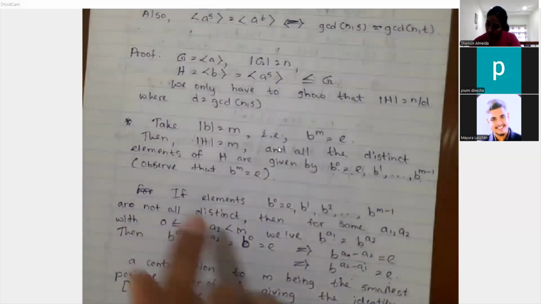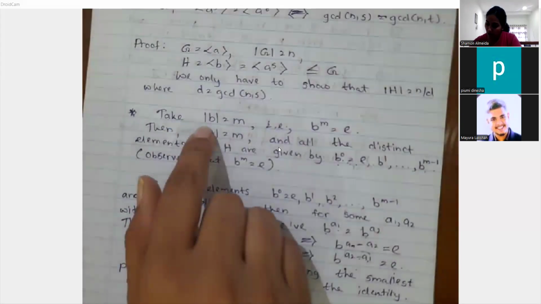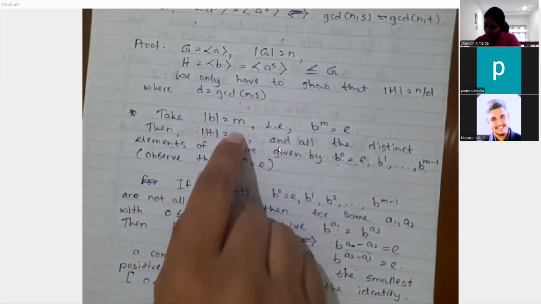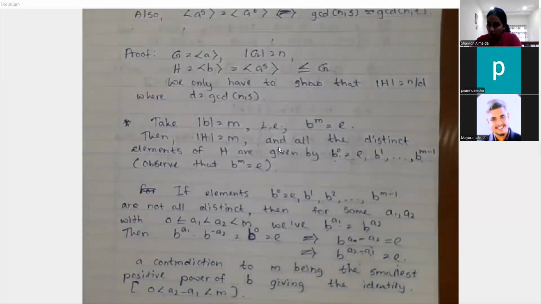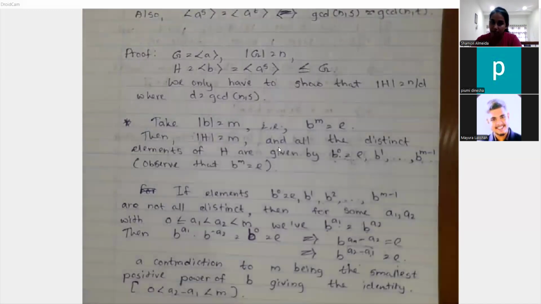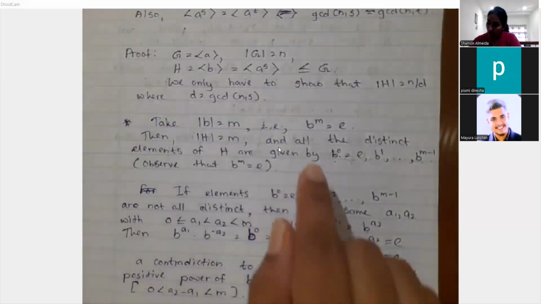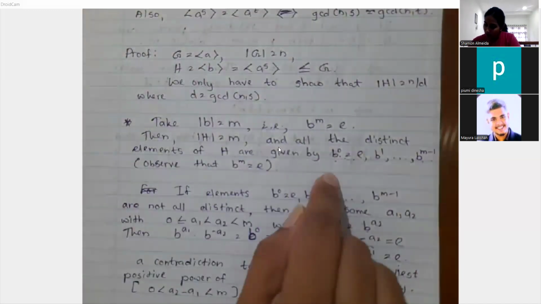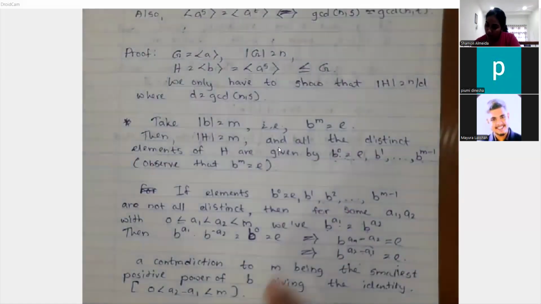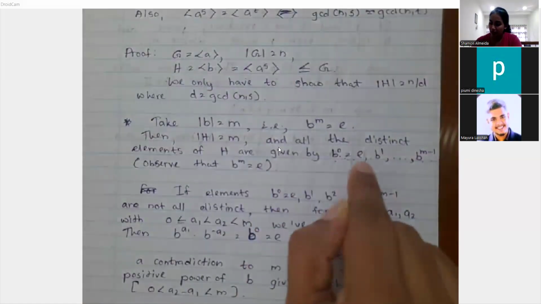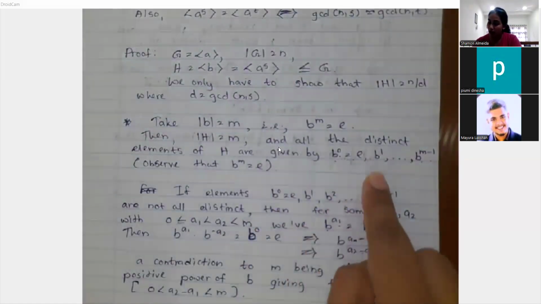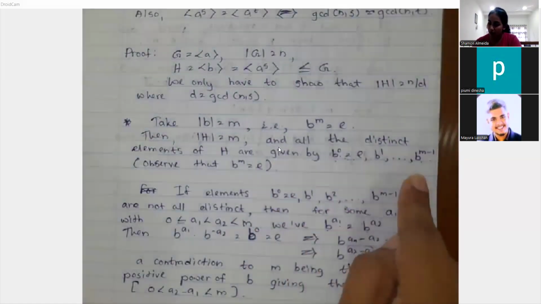Now, we have taken the order of B to be M, right? Since H is generated by B, all we've got to do is show that M is equal to n over D. Okay? Right. Then we have proved that all the distinct elements of H are given by the identity B^1 up to B to the power of M minus 1.